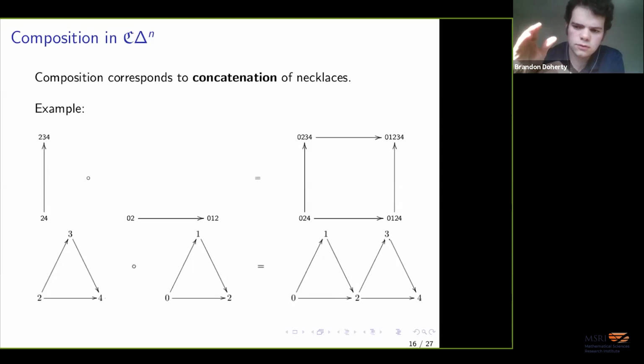So what's going on in the 2 cube is that we're taking the path 0 to 4 and factoring that into 0, 1, 2, 3, 4 by individually factoring 0, 2 into 0, 1, 2, and also factoring 2, 4. So we have this necklace of two separate 2 simplices, each of which witnesses one of those factorizations.